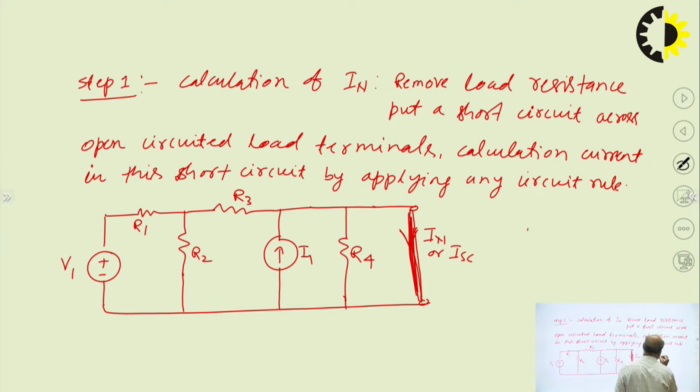In is known as Norton's equivalent current, and this is also known as short circuit current.